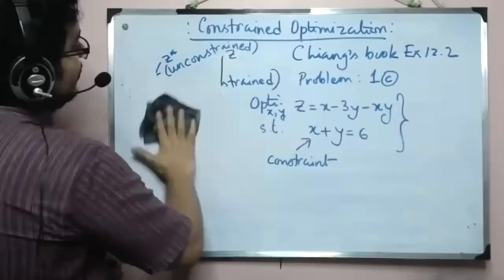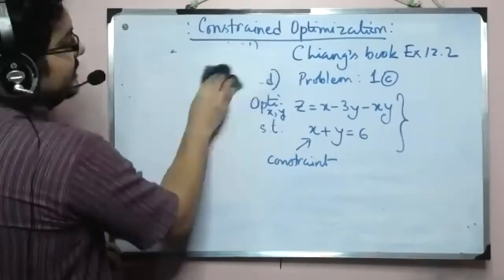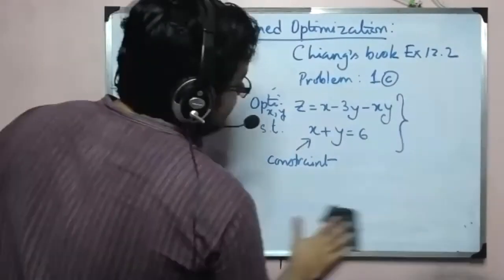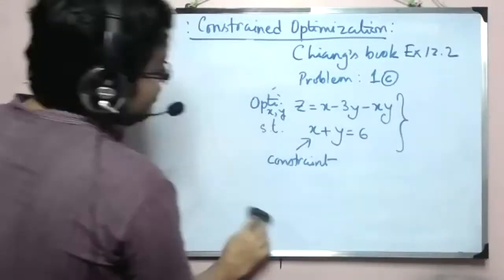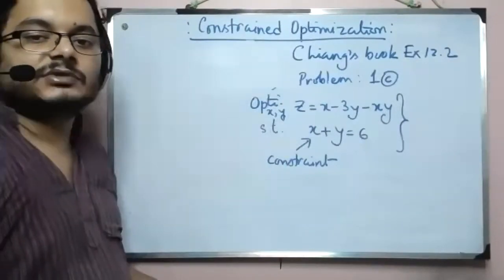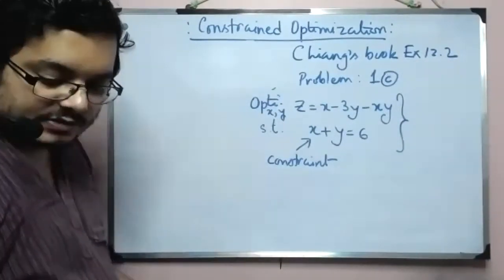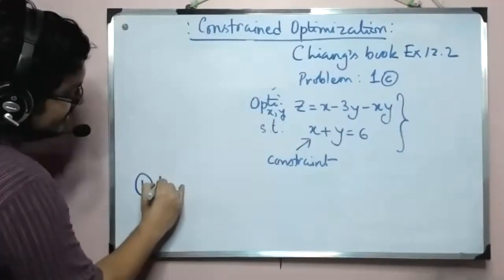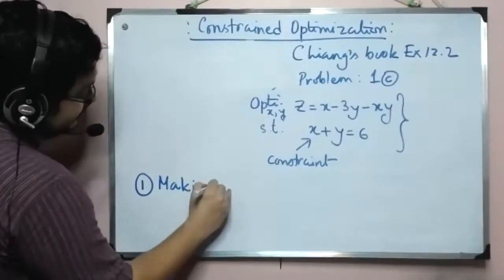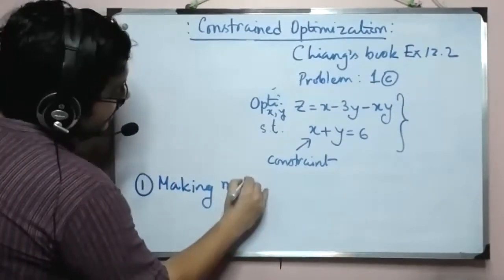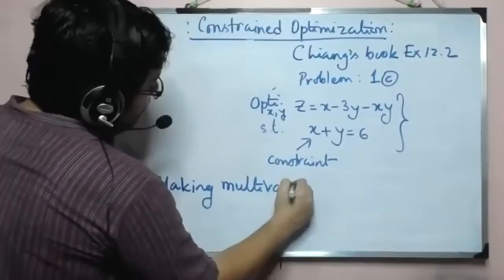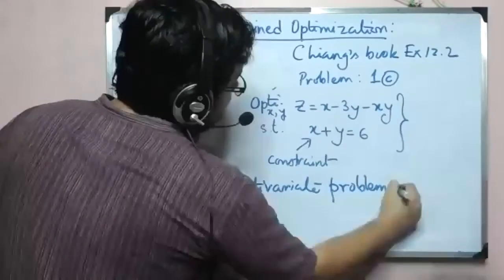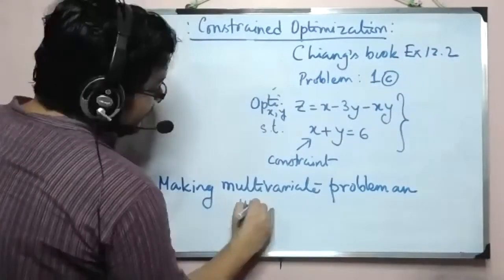We will learn two kinds of solution. The first is an approach which lets us use something we learned earlier: making a multivariate problem into a univariate problem.